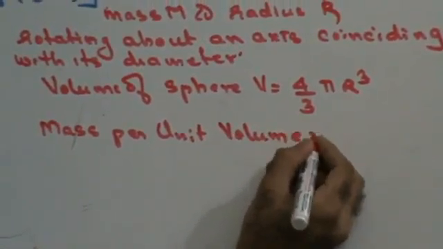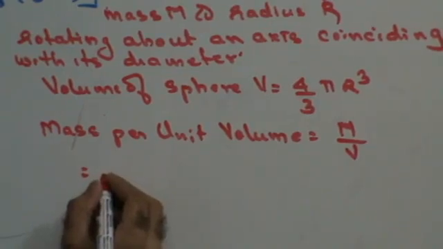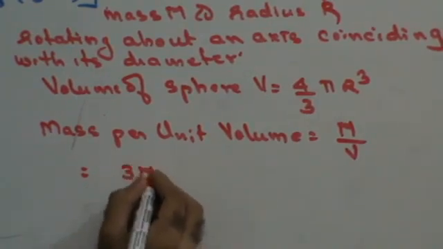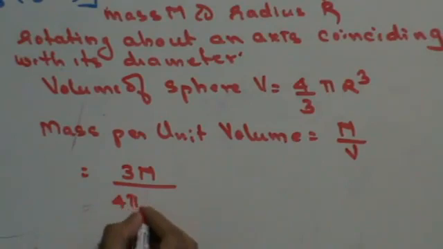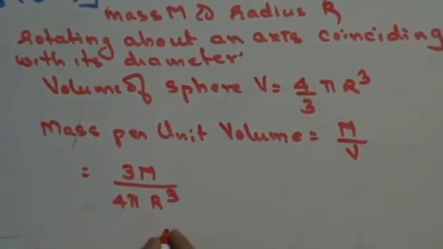Mass per unit volume will be nothing but m upon v, so which is going to be nothing but 3m upon 4 pi r cube. That will be my mass per unit volume. Now let us consider, if I have a solid sphere, let us consider that I take a thin slice of the solid sphere.